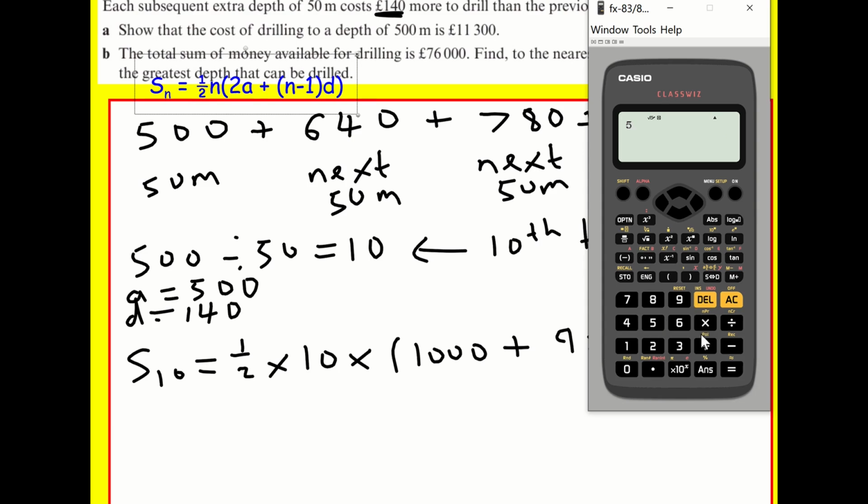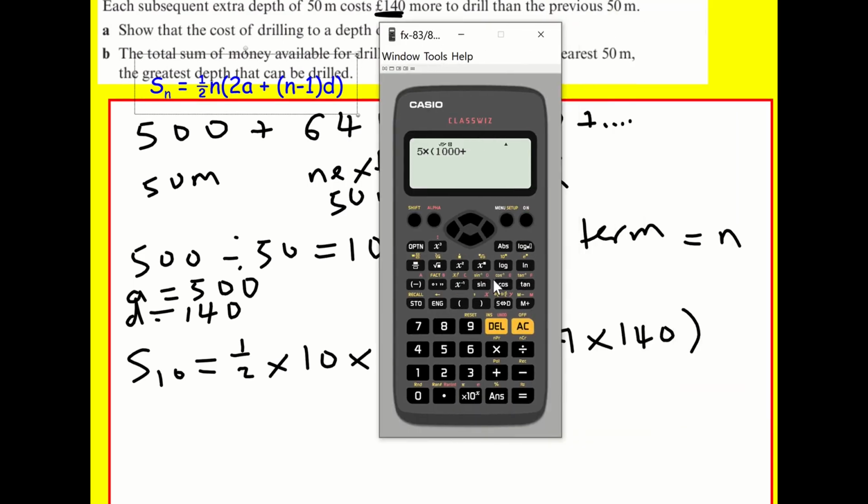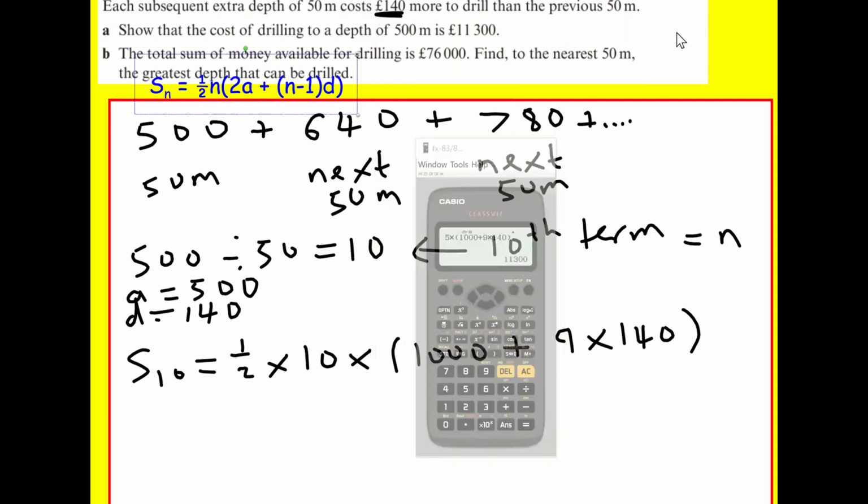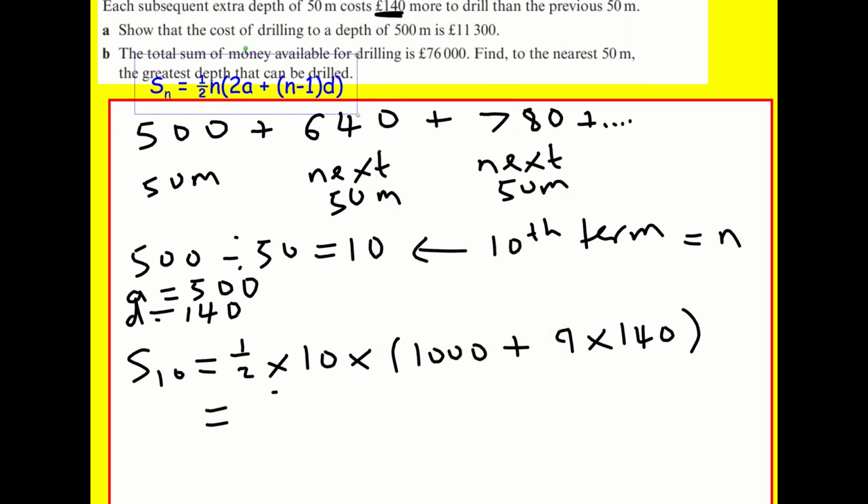So that first bit's just 5 times bracket 1000 plus 9 times 140, and we get 11,300. It's always nice when you get the answer they've asked you to get.